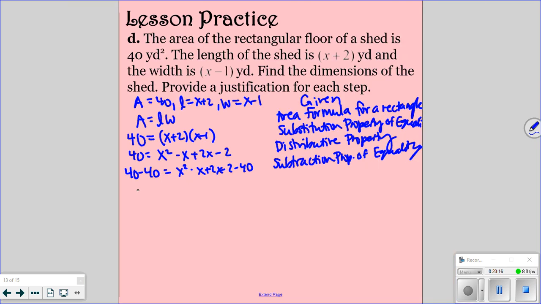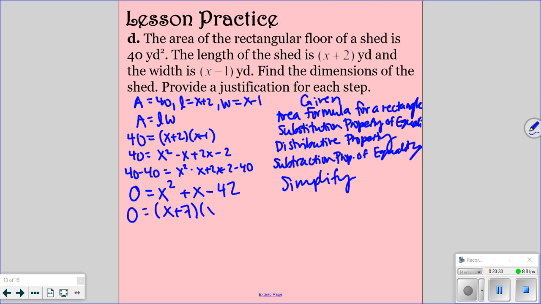So on the left side, I'm going to have 0. On the right side, I'm going to have x squared plus x and then minus 42. From here, we will factor. So we'll have x plus 7 times x minus 6. And then we're going to solve for x.